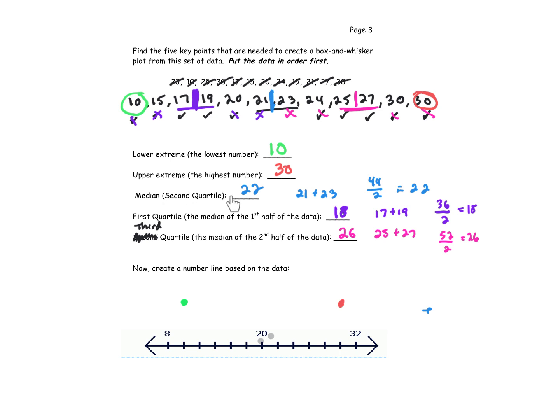So our next point is the median, the true median. So that is at point 22. So if we find 20, we're going to go over 1, and we're going to go right directly above, and we're going to place a point, followed then by our first quartile point, 18.